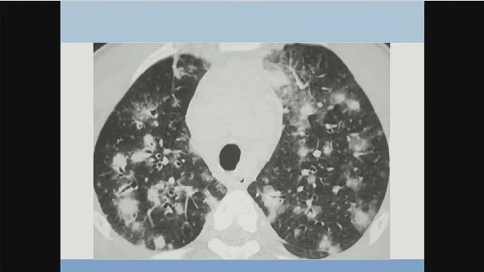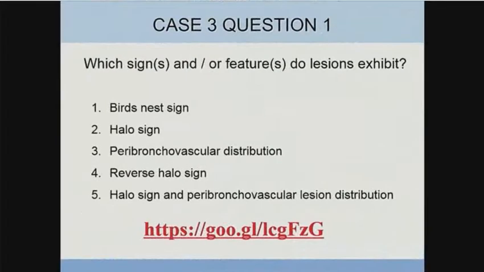So the questions are, which signs or features do these lesions exhibit? Do we see the bird's nest sign, the halo sign, a peribronchovascular distribution of the lesions, a reverse halo sign, or a combination of a halo sign and peribronchovascular distribution?